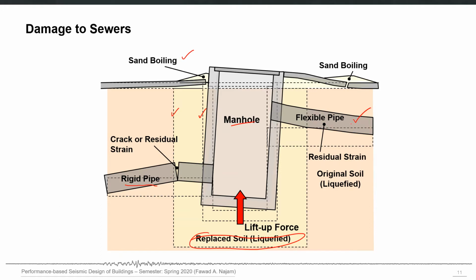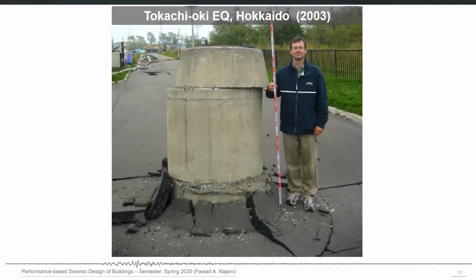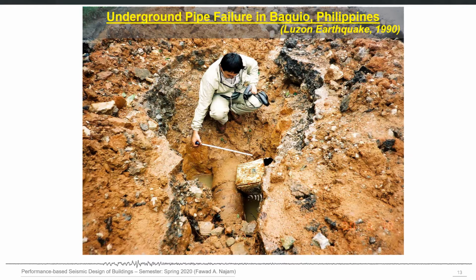But although the flexible pipes will be costly compared to the concrete pipes. So an example of this kind of hazard you can see in Hokkaido in Japan 2003. Because of that, this whole manhole structure, the sewer structure, it just came out from the ground because of the uplift pressure from the liquefied soil.